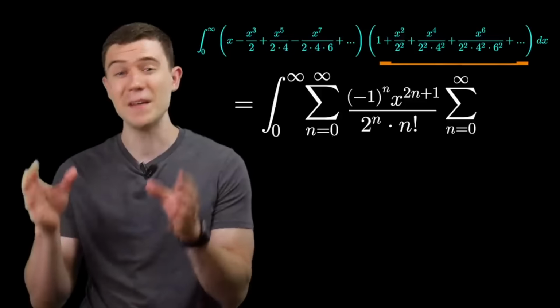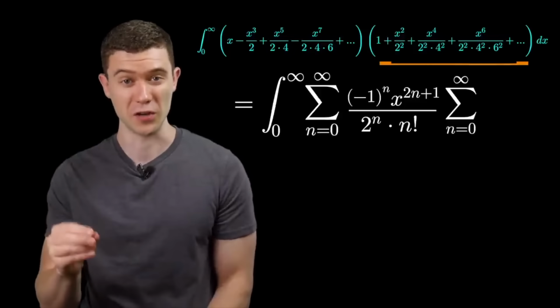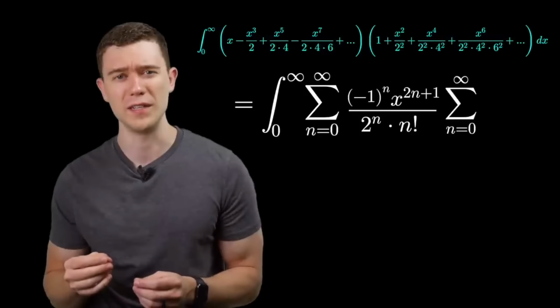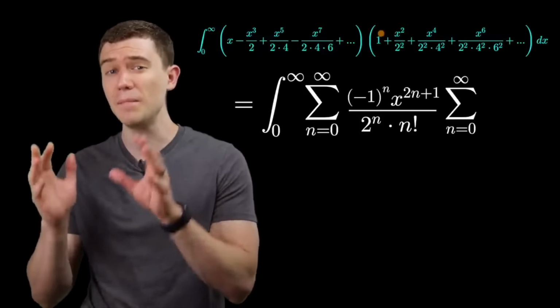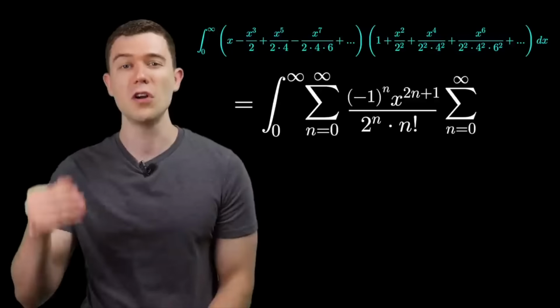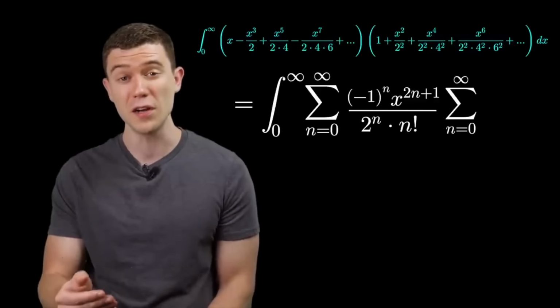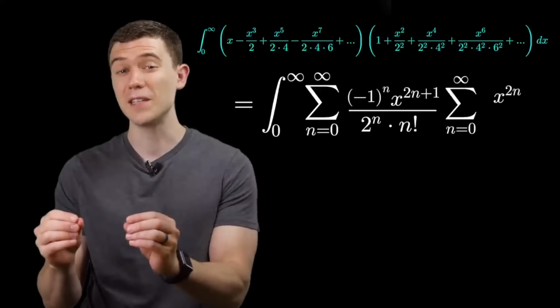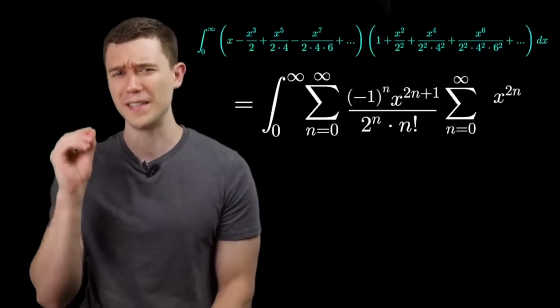That second sum is similar and follows a similar trick. Here it's non-alternating, we don't have to worry about -1 to the n. We have even powers of x's, so if we're starting at n equals 0 for our sum, let's just make x to the 2n. That'll take care of those powers of x's, but again, what about the denominator?